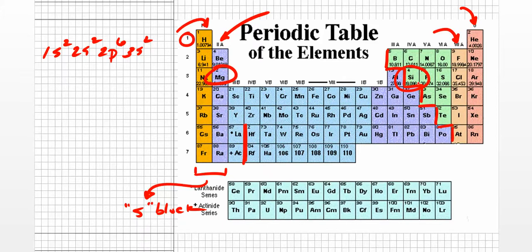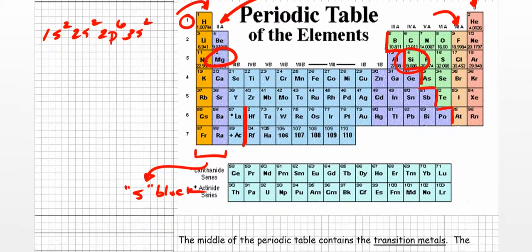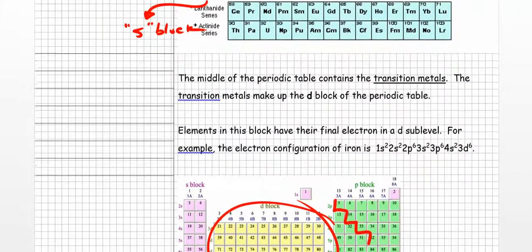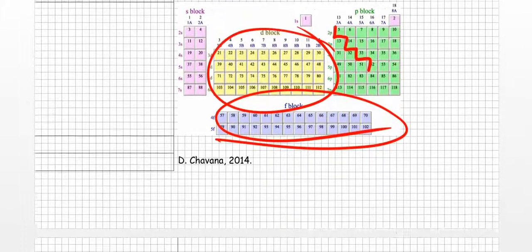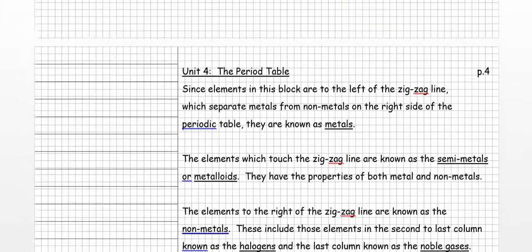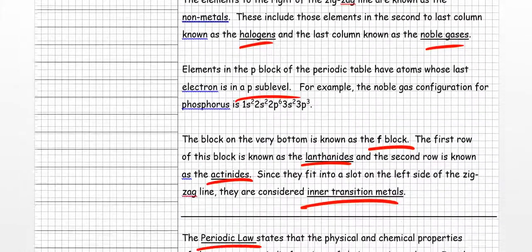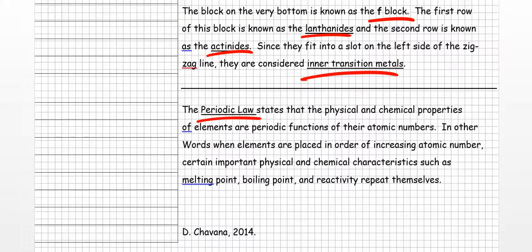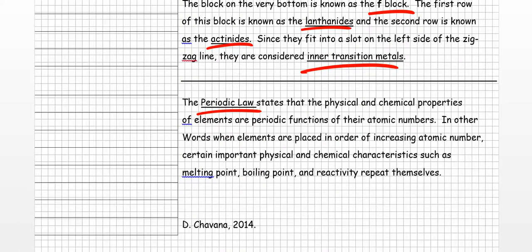Just as likely, if I had oxygen, for example, and I wanted to find an element similar in physical and chemical characteristics, I would choose something in this column right here, okay? So again, that is the periodic law. When you arrange elements, as Moseley did, in order of increasing atomic number, there will be periodic repetition of the physical and chemical properties of the elements.